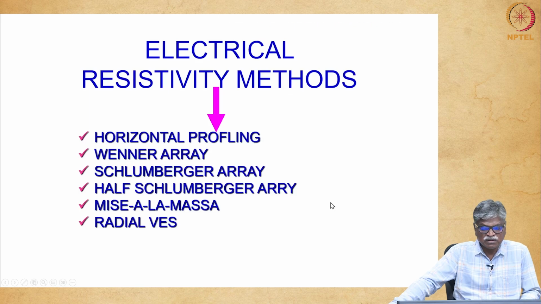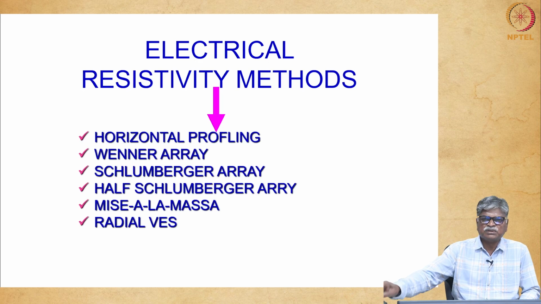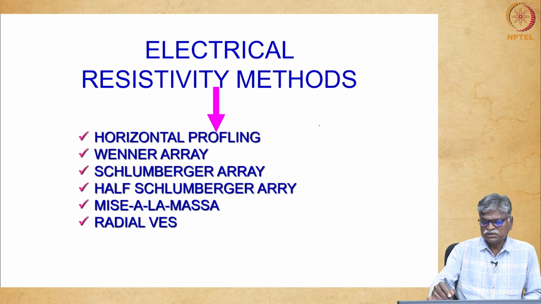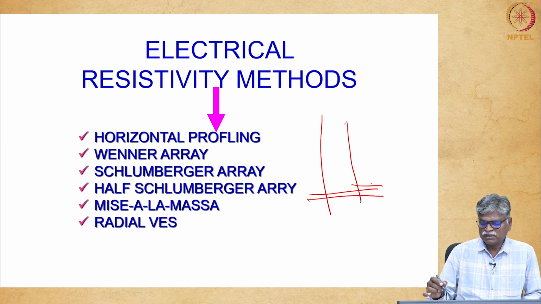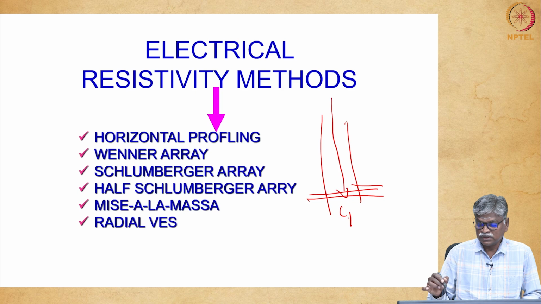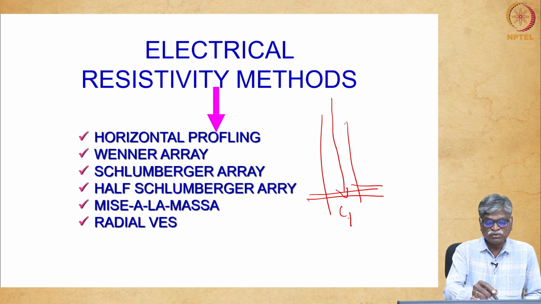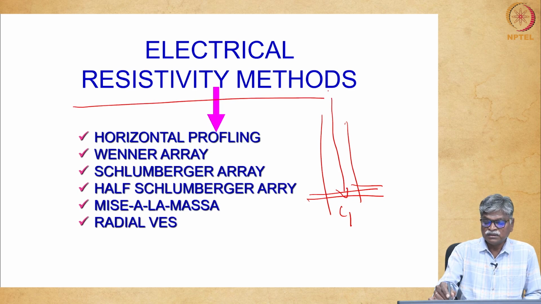This miscellaneous survey we can do where limestone is there, in limestone areas. How to do this miscellaneous survey? Suppose this is your borewell, where you have a cavity. You put one electrode, C1, here, and another electrode, C2, somewhere here.